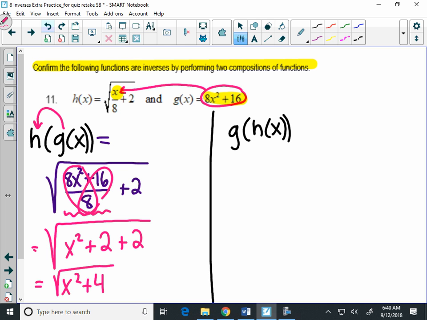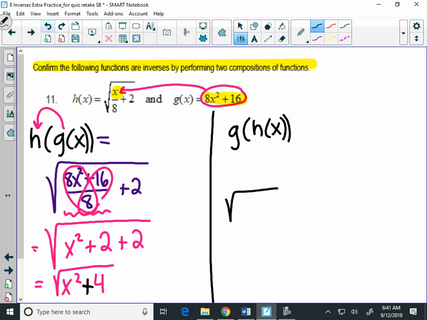Now, one final thing, because students were making this mistake again. You are still not allowed to take the square root of each part. You cannot say that that is x plus 2. That is not okay. Just like up above, the plus sign in here prevents you from taking the square root of both parts.